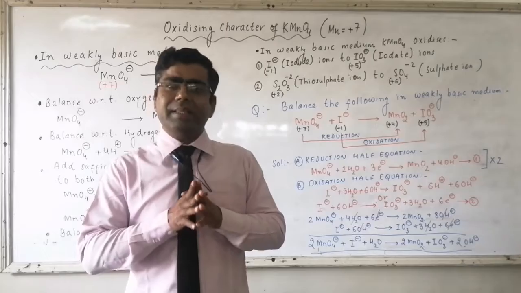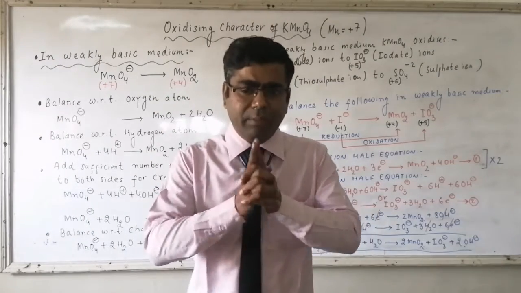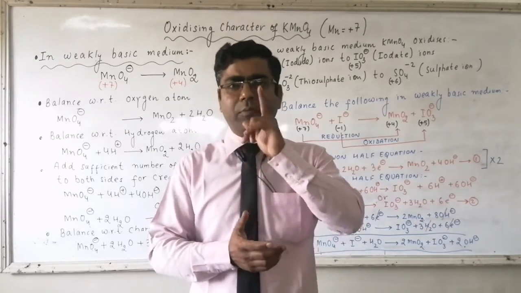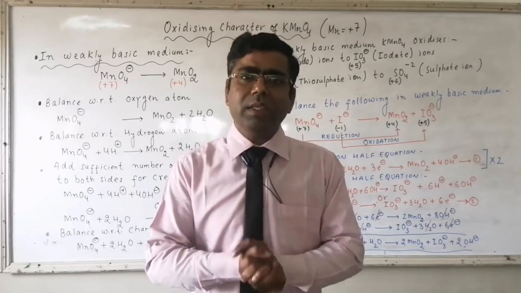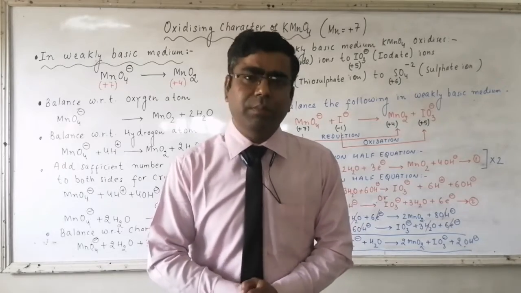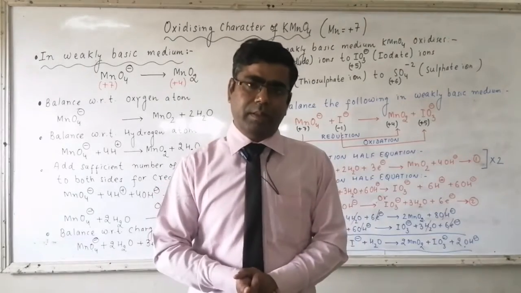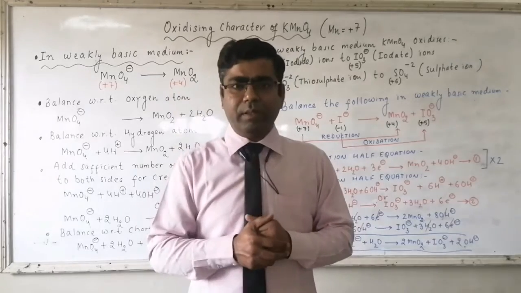Here the central atom is Mn. On the reactant side we have one atom of manganese, and on the product side we have one atom of manganese. So this reaction is balanced with respect to manganese, so there is no need to use step number 1.